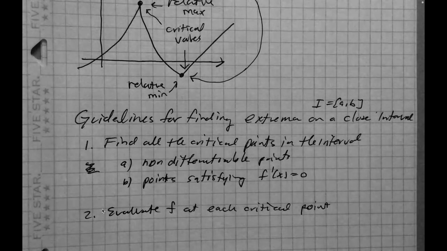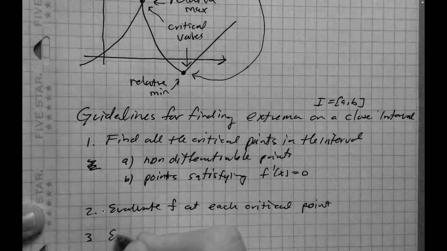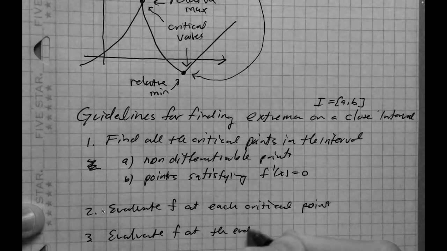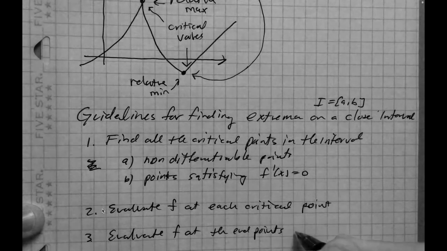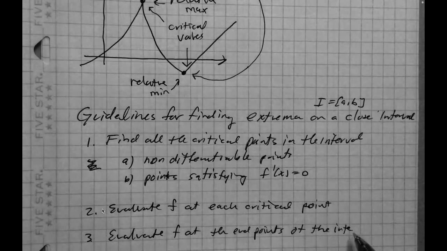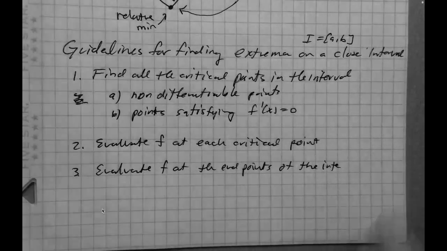So that's step 2. And then, don't forget to evaluate f at the endpoints of the interval as well. Those are technically not what we call critical points, but you could have extrema there.